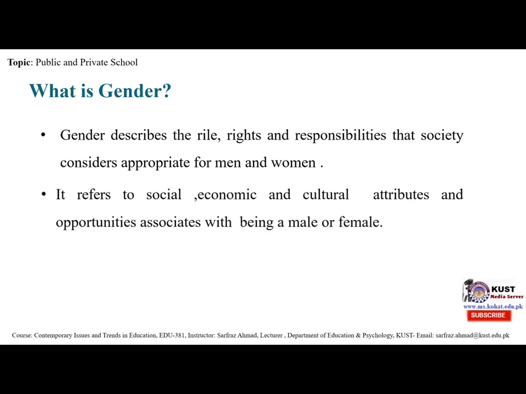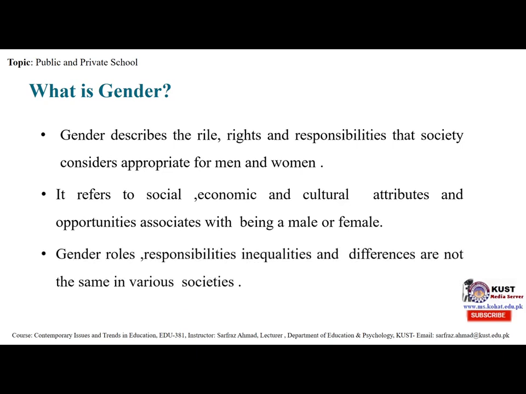It refers to social, economic, and cultural attributes and opportunities associated with being male or female. Gender roles, responsibilities, inequalities, and differences are not the same in various societies.